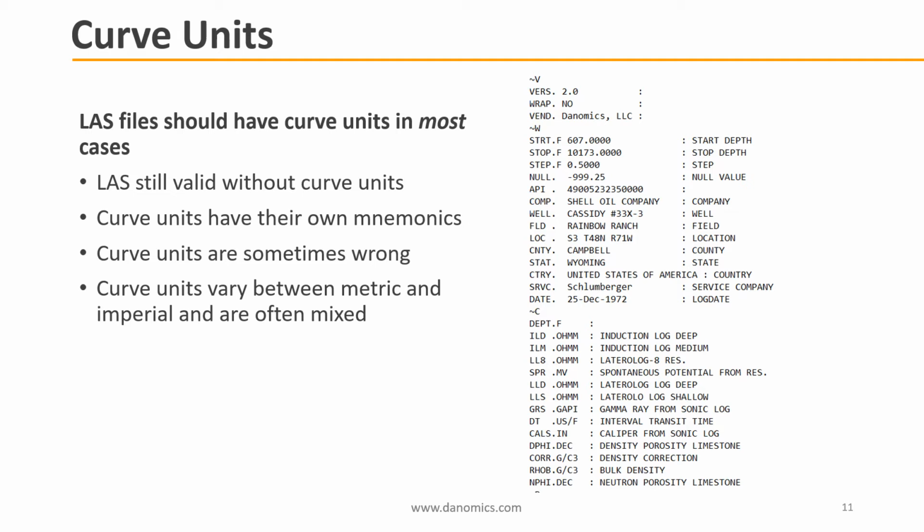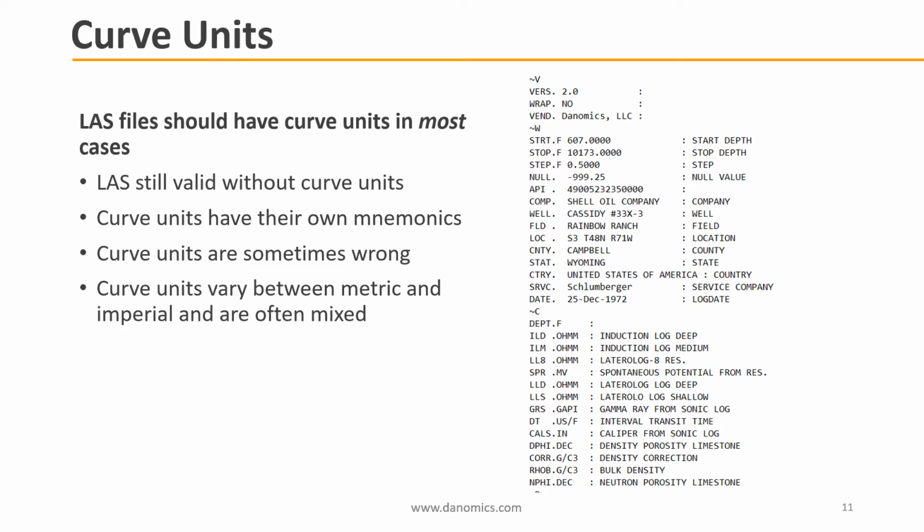Most often you'll see this when things are reported as percent instead of decimal. But sometimes you may also see things reported in metric or imperial when actually the other is true. And then you can have mixed units.